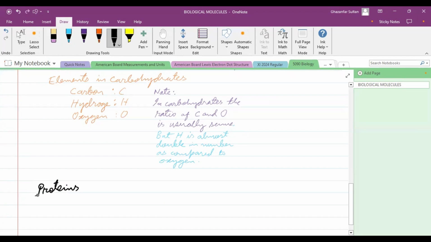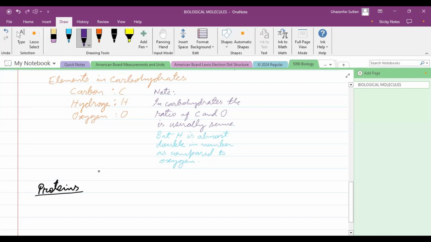Proteins. What are proteins? For example, our hairs are protein, muscles are protein. We eat flesh, meaning gosht in Urdu, so it is protein. Egg white mainly comprises protein. Egg yolk also has protein. All the pulses have proteins.